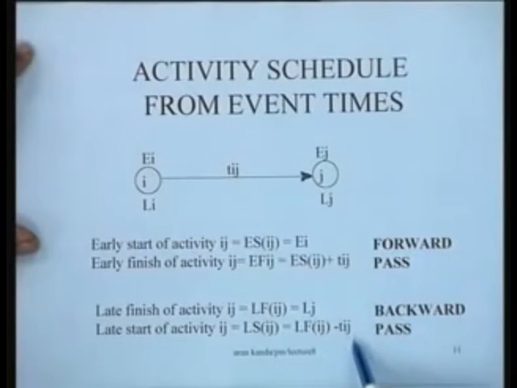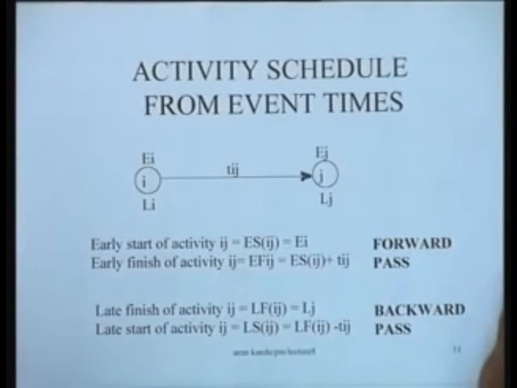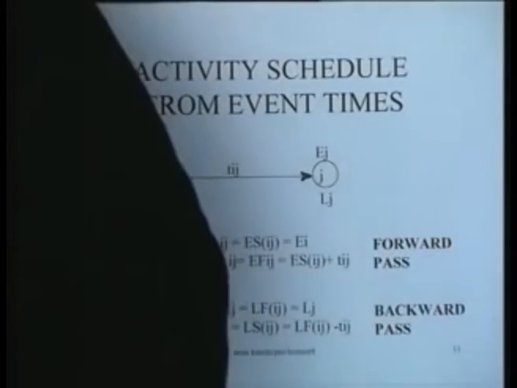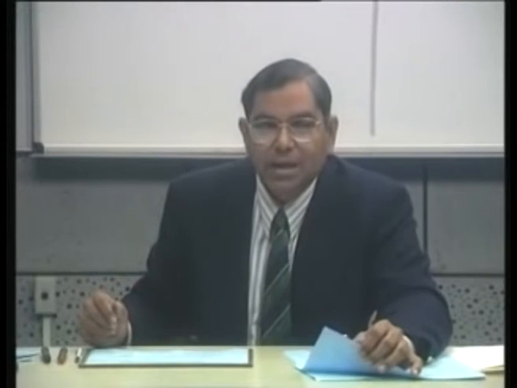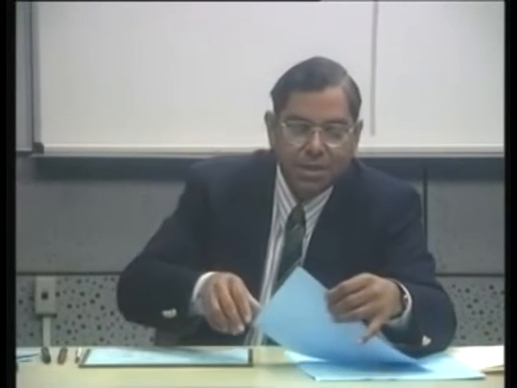So, this information is available from the backward pass. Essentially the forward pass and the backward pass give us the early start and early finish, and the late start and late finish for the activity.